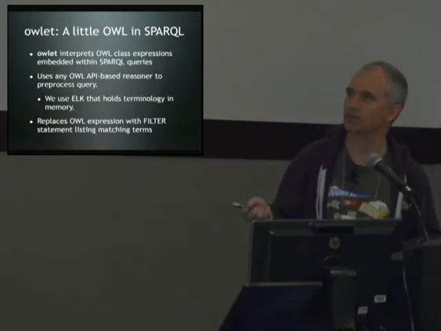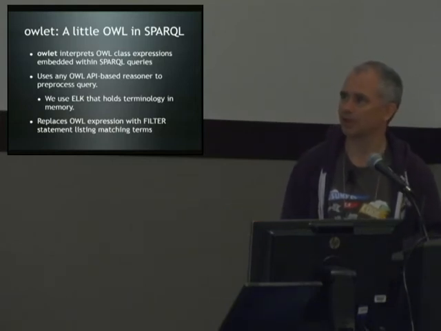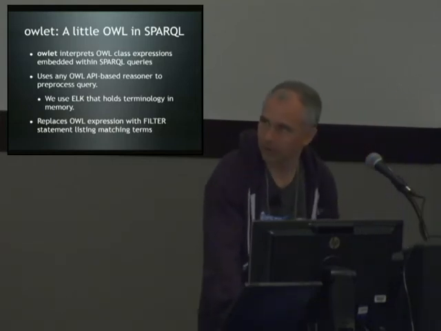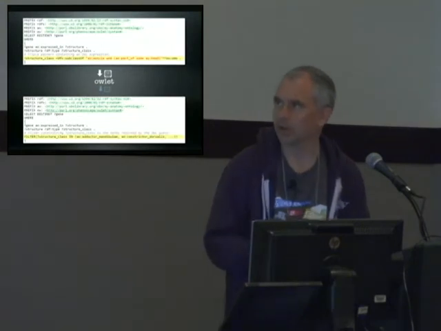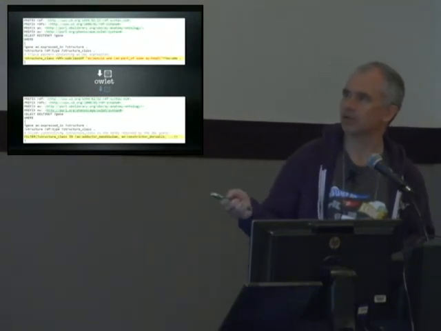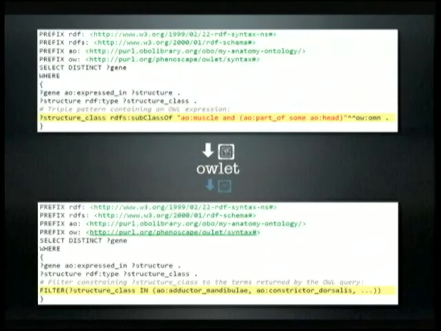And so what we've built is this tool called Owlet, a little owl in SPARQL, that takes in SPARQL queries and interprets the class expressions embedded within them. It allows you to put in a SPARQL query like this one, where you just say the structure here should be a subclass of any muscle that's part of the head, right?